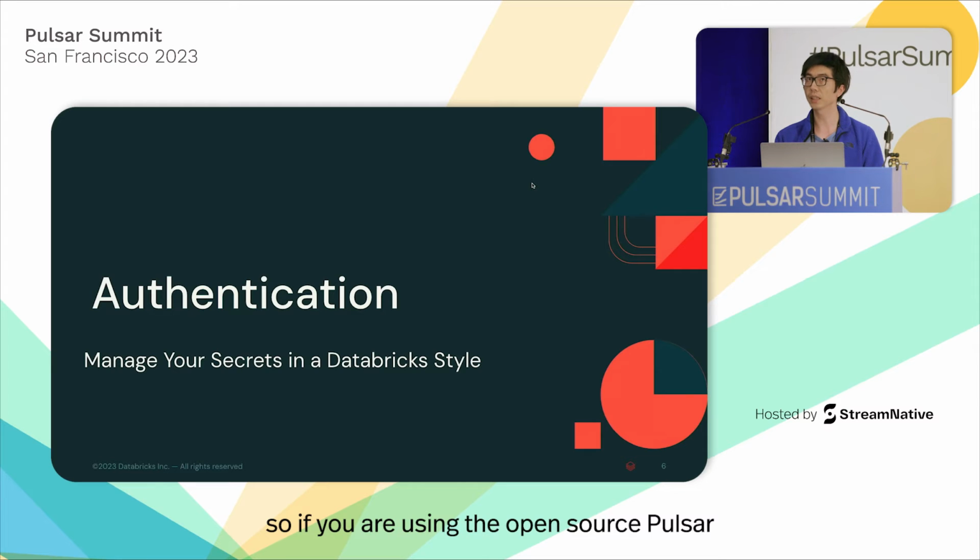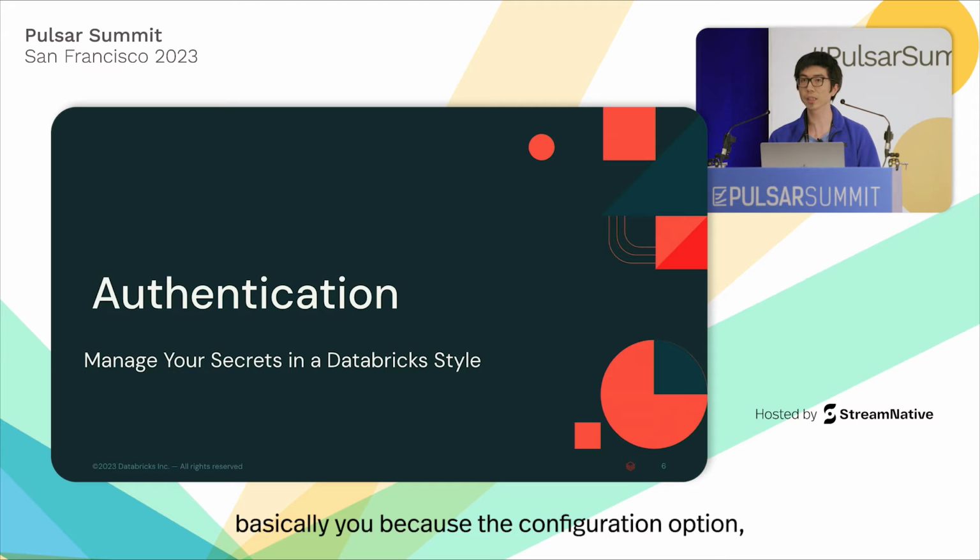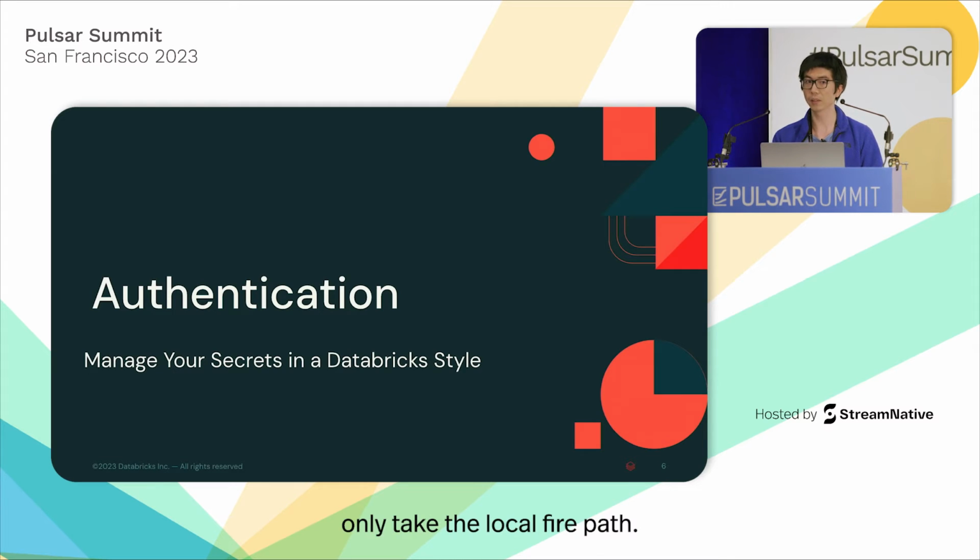So if you are using the open source Pulsar connector with open source Spark, basically because the configuration option, the credential file path, only takes a local file path, you would need to install the credential file in every Spark instance, including master and the workers.